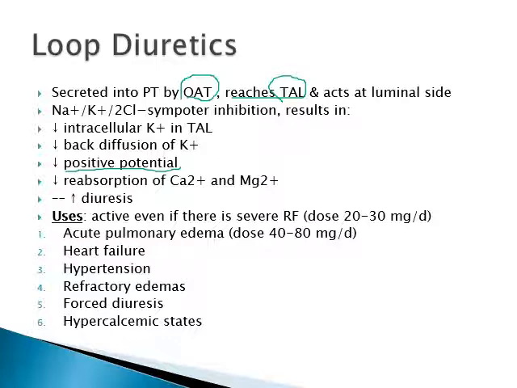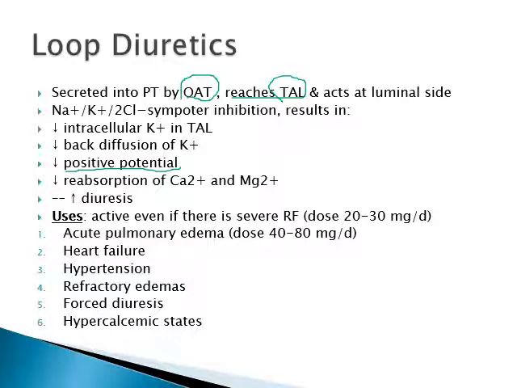And also we have seen that for antidiuretic hormone to act efficiently, there was the need of the corticomedullary gradient, which was established by the thick ascending loop of Henle through the use of the sodium potassium 2 chloride symporter.